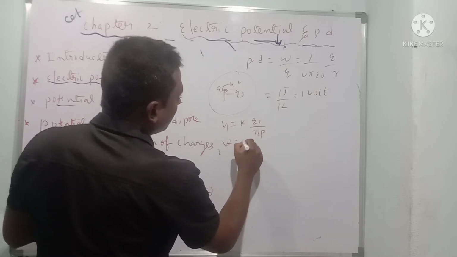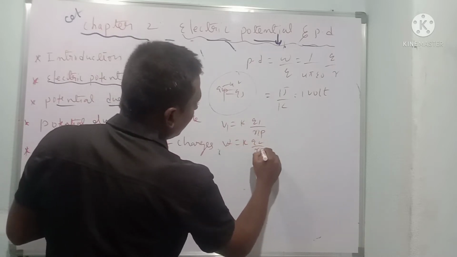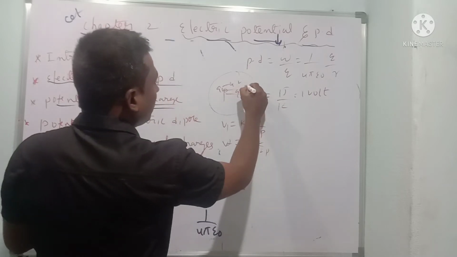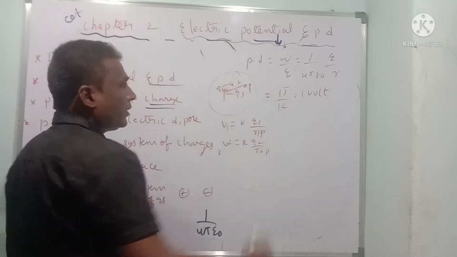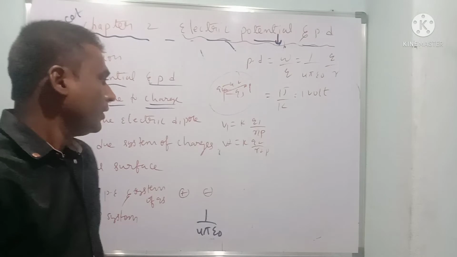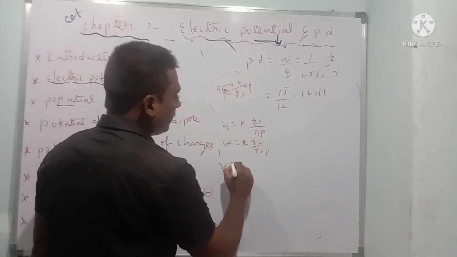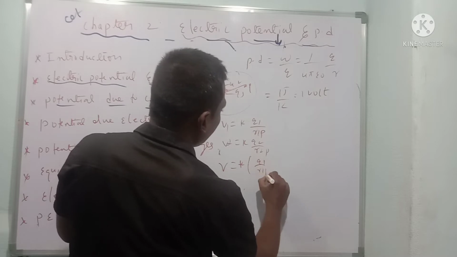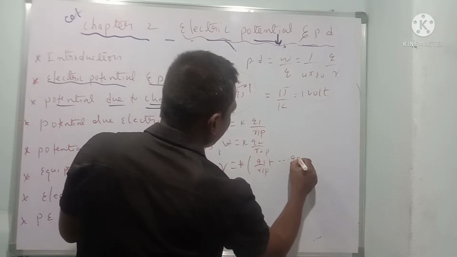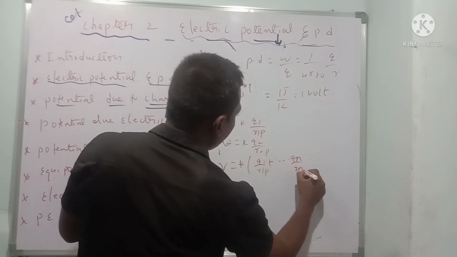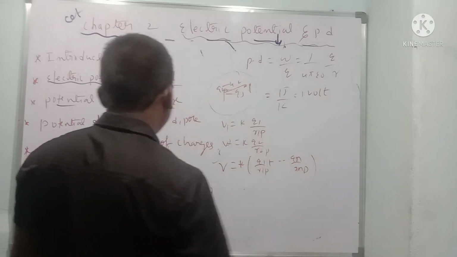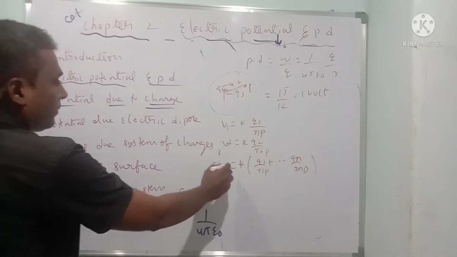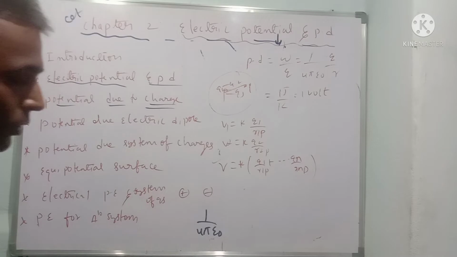Similarly, V2 is equal to K into Q2 divided by R2P. We take a reference point and find the potential. If I add, it becomes V is equal to K, a constant, times Q1 by R1P plus and so on up to Qn divided by RnP. This is the formula for electric potential due to a system of charges. Please note down, children.